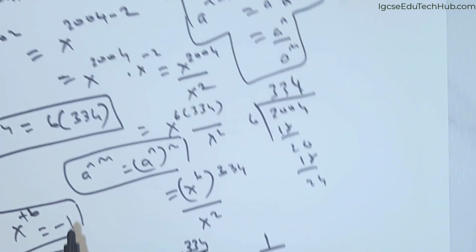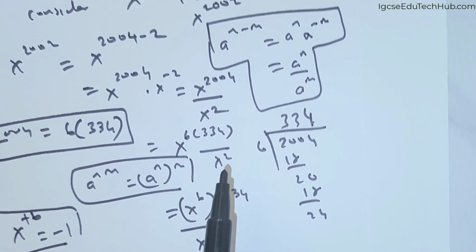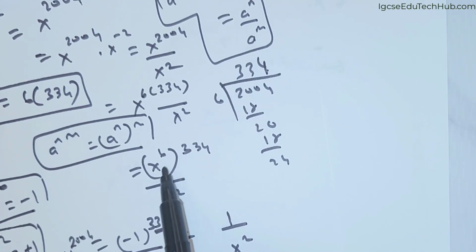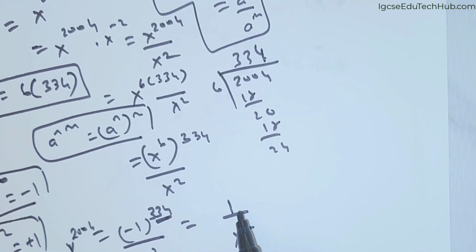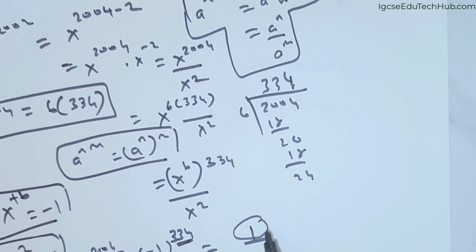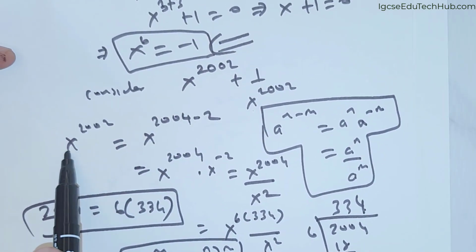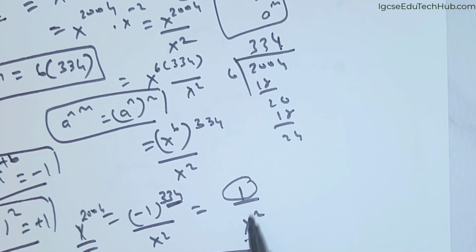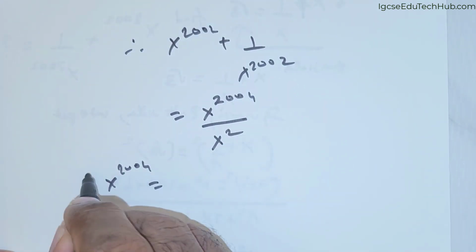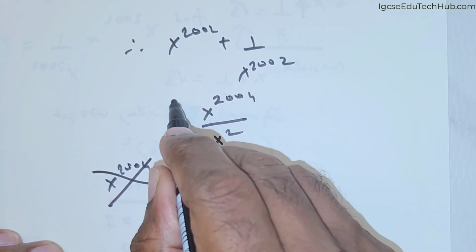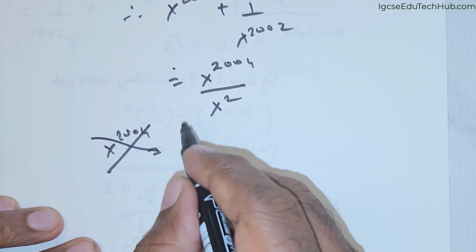Right, we got this x raised to the power of 2004. Where is that? So this quantity has been obtained to be 1 over x squared. So in place of x raised to the power of 2004, you need to replace it by 1 over x squared. So I don't need to rewrite it again. So we can just carry on with this.